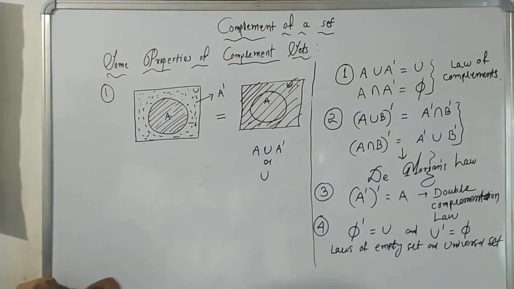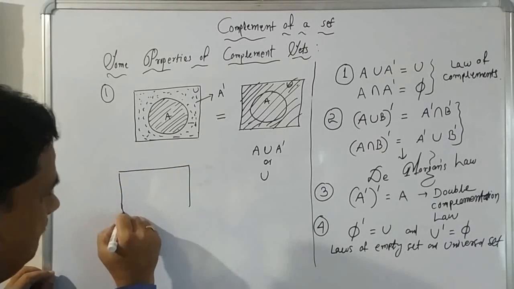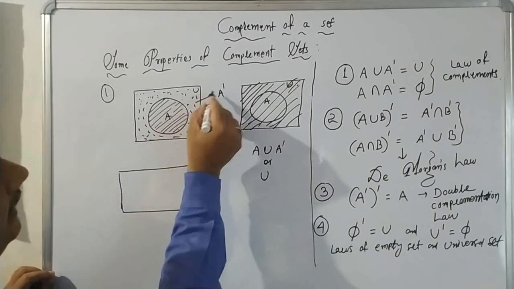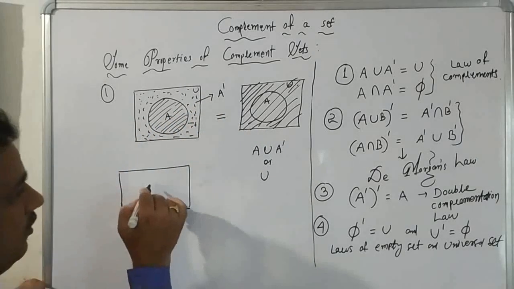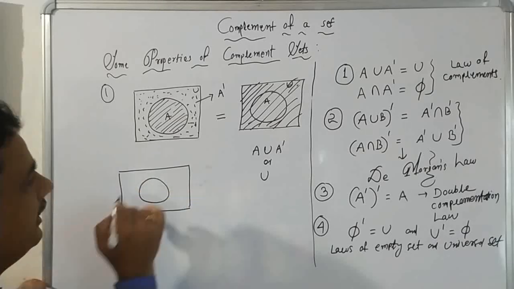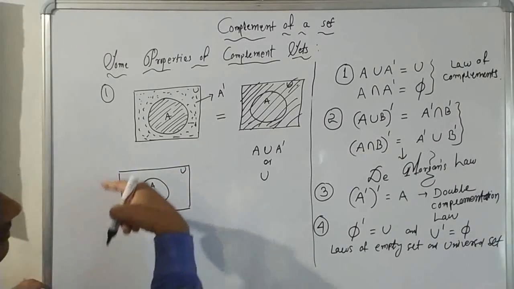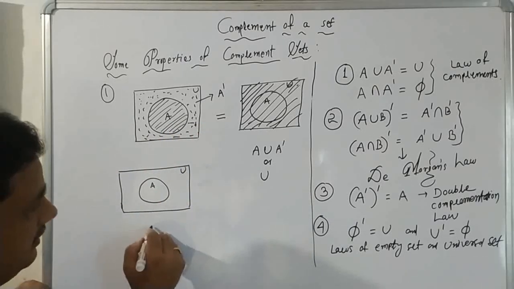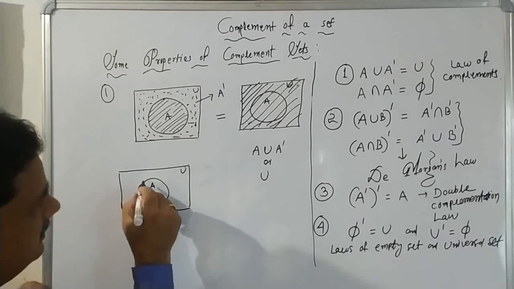When I am finding the intersection, is there any common part between A and A dash? Is there any common element? No, no common elements are there. So here what will you get? A intersection A dash.